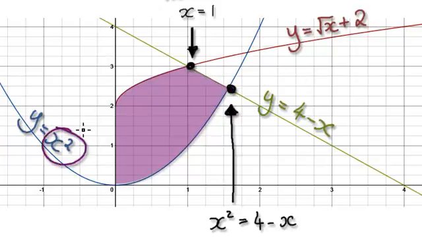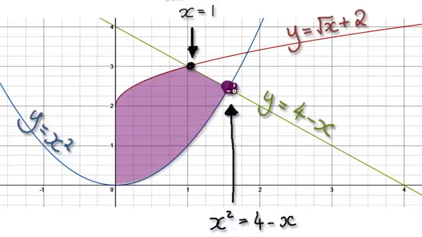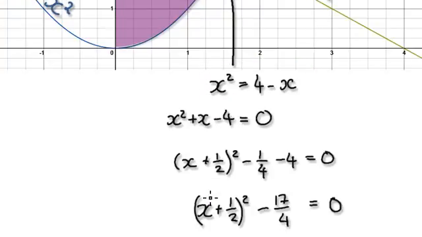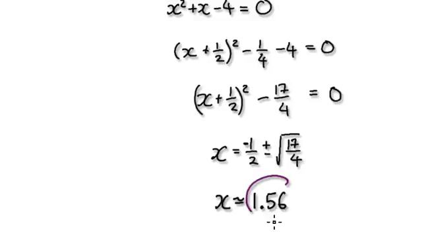For this point here, set the blue line to equal the green line. So that would be x squared equals this thing here. To locate this point, we need to solve this. Use whichever method you want. For me, I use completing the square, and that will take you to here.